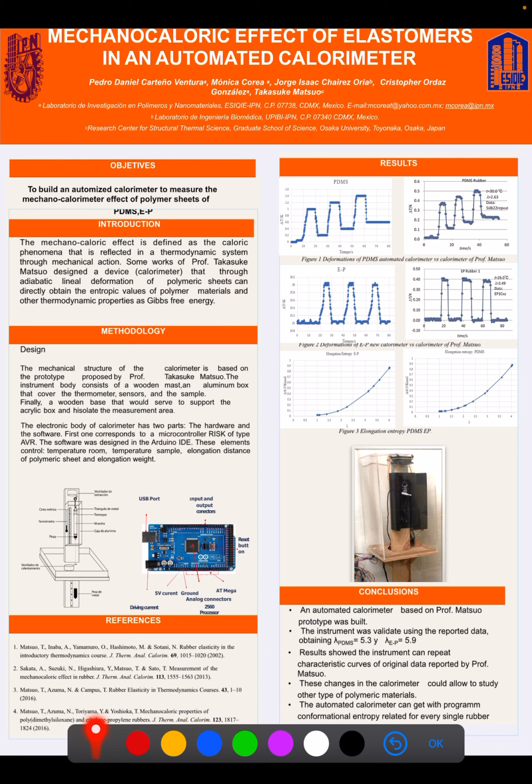So we had to design the structure of this new calorimeter, which is based on the prototype of Professor Takaske Matsuo, and this consists of a wooden base with an aluminum box, which finally this wooden base could serve to support the acrylic box and isolate the measurement area to obtain the adiabatic requirements of this instrument, because we need to measure temperature inside the sample, but only temperature changes and not with a medium.